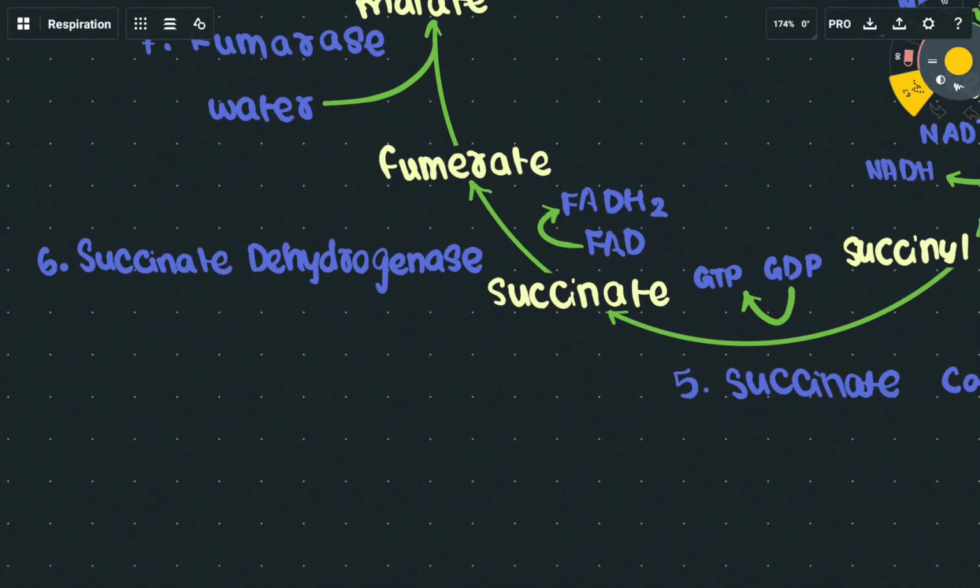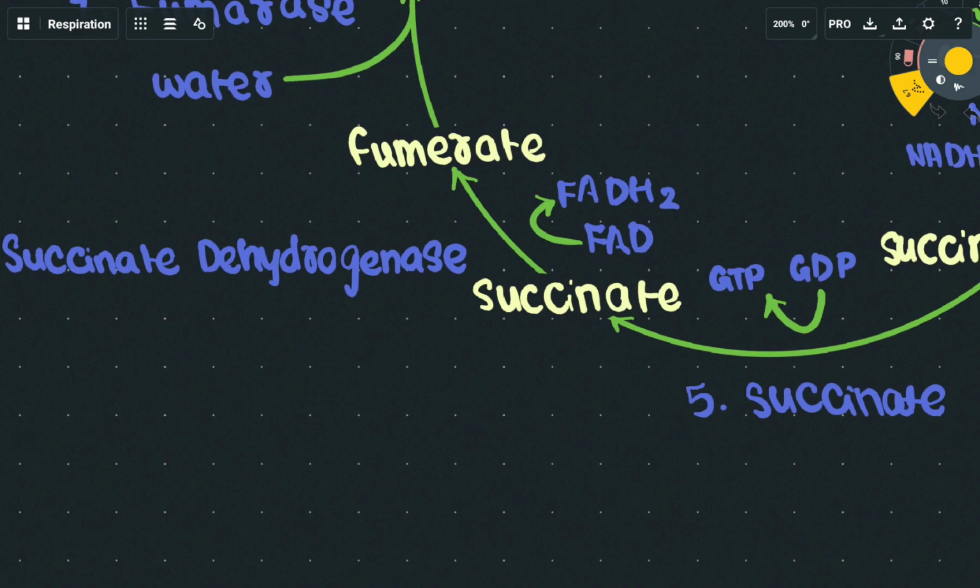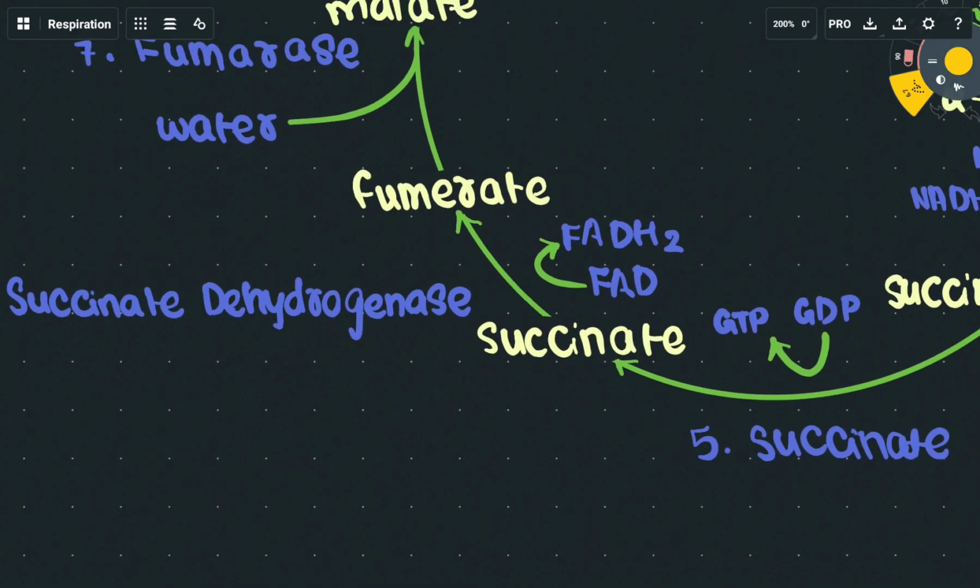Next, we have succinate dehydrogenase. As the name suggests, we have another removal of hydrogen, and succinate converts FAD into FADH₂. So this FADH₂ is again another energy-rich compound.